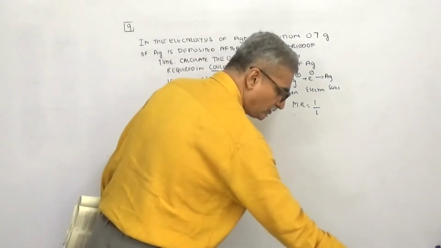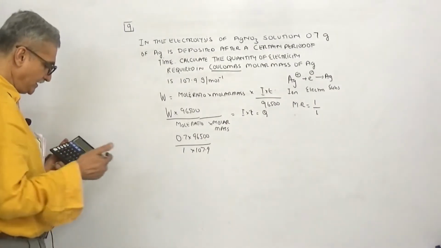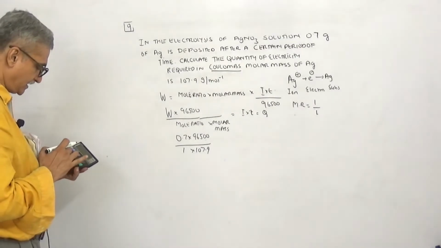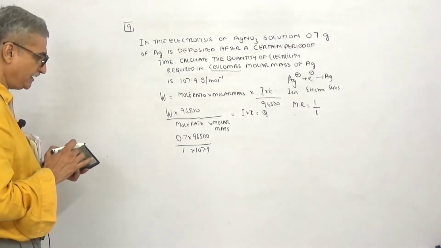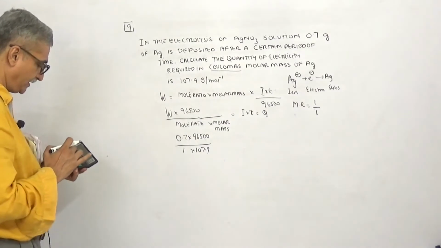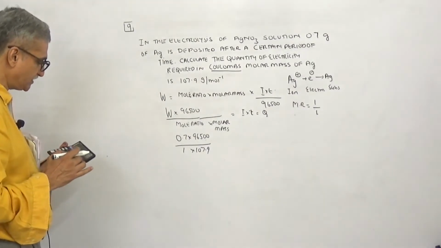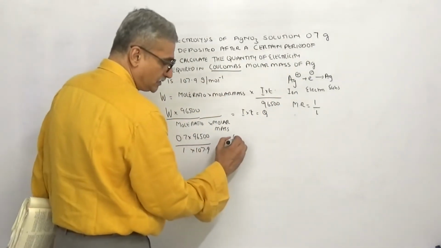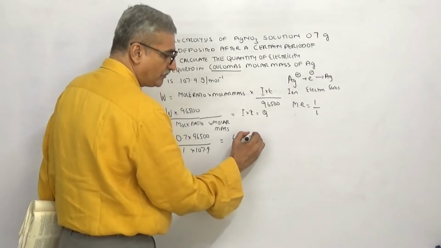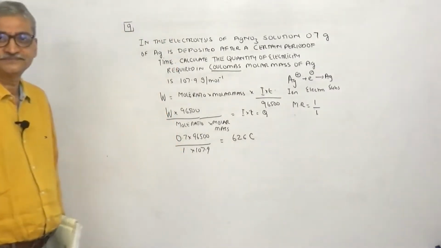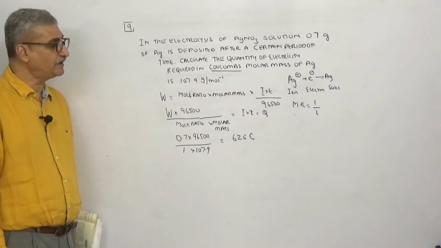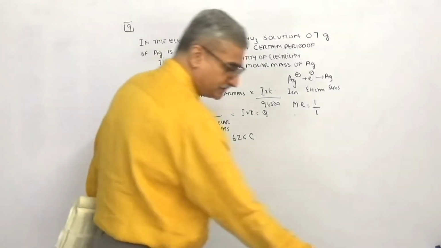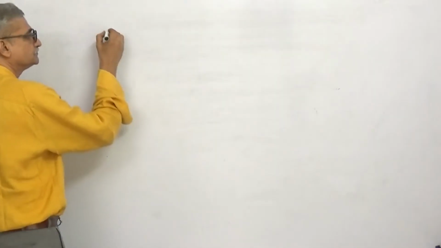So 0.7 into 96,500 divided by 107.9 will be equal to 626 coulombs. Coulomb is capital C. Is this point clear? So now we will come to the 10th sum.